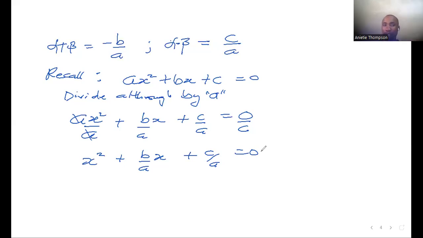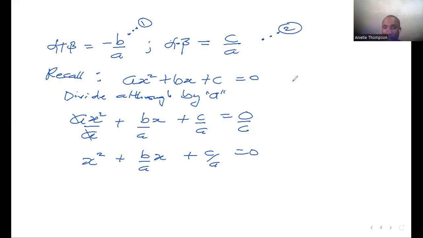Now, if you look at this, let me call this equation 1 and call this equation 2. I want to do a proper substitution into this place.